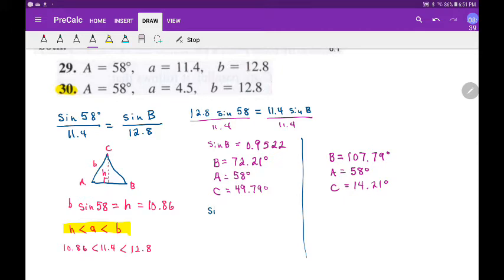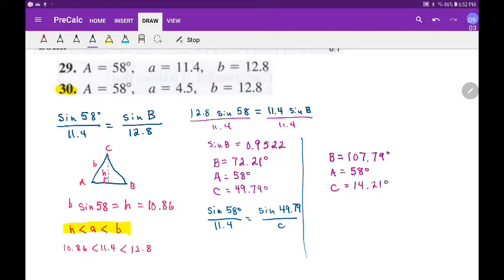So we can say the sine of A, and again, I should just say what I mean. The sine of A is the sine of 58 degrees over side A, 11.4, is equal to the sine of C, 49.79, over C. Okay?